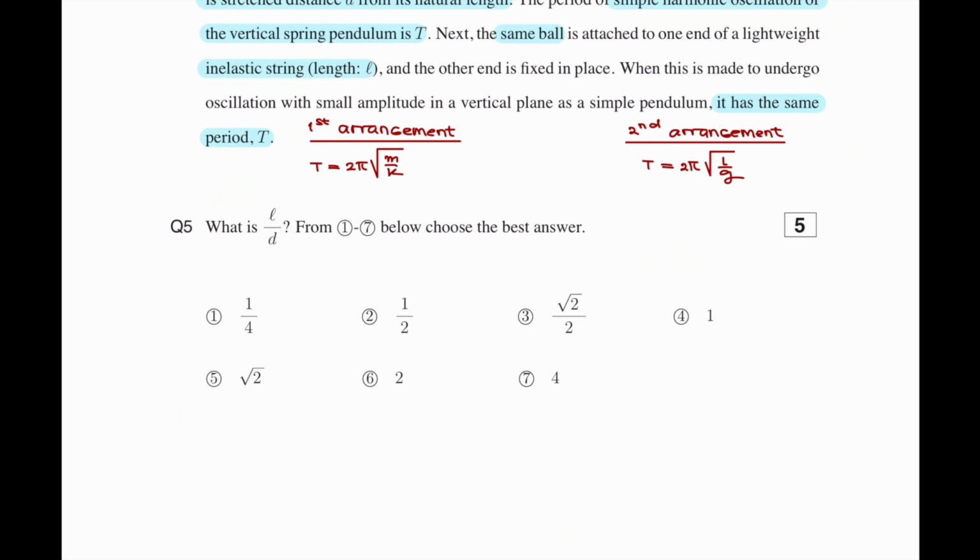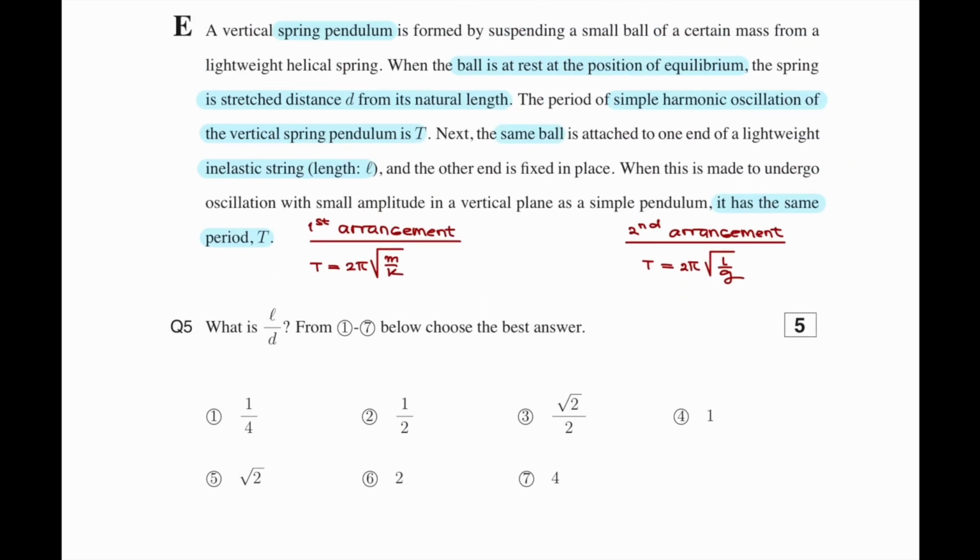This is the formula for the period of a spring. m is the mass of the object, and k is the spring constant.